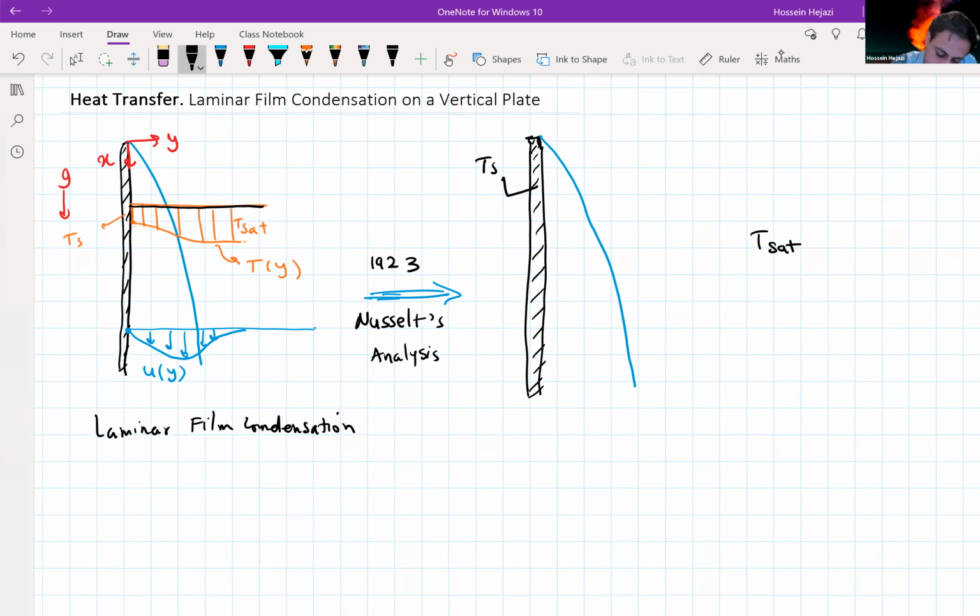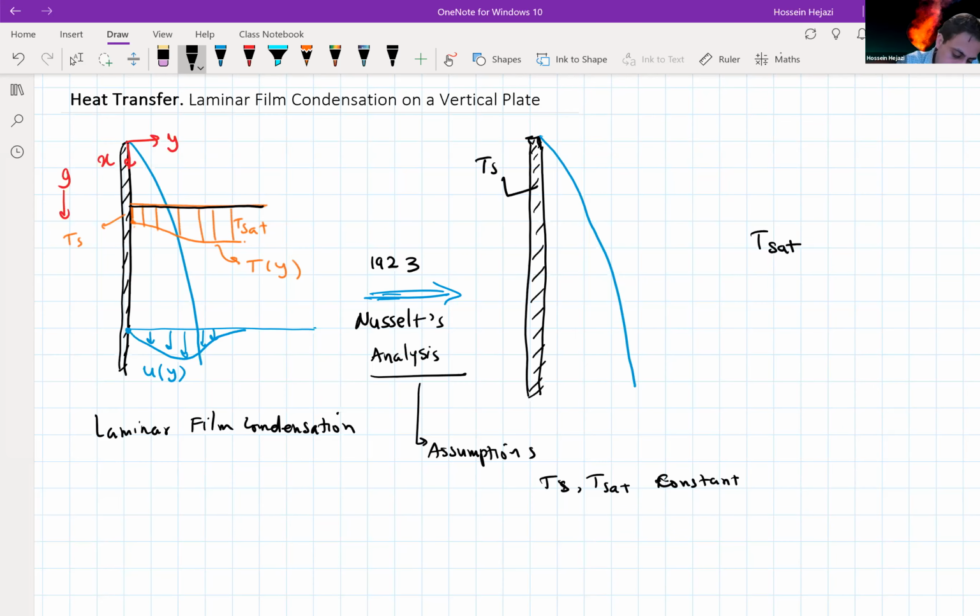So for doing this analysis, he made some assumptions. One of them is that Ts and Tsat remain constant throughout the process.